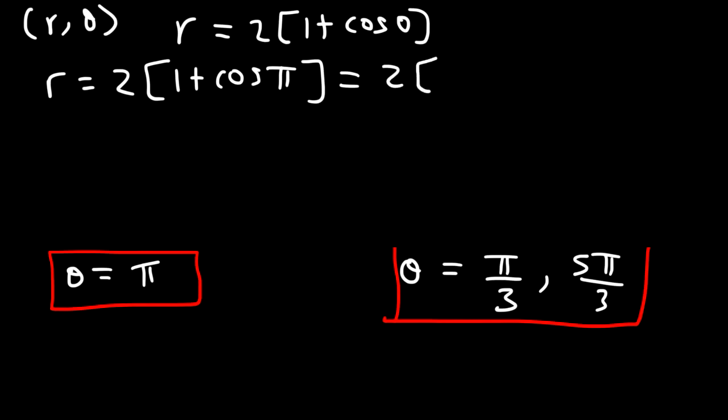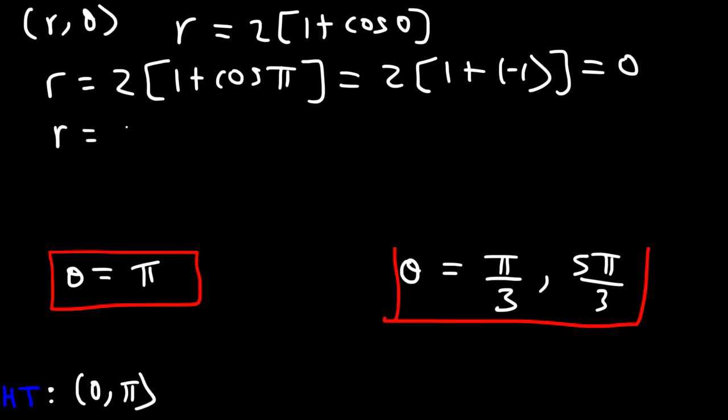So we're going to have 2 times 1 plus negative 1. 1 plus negative 1 is 0. So we're going to have the point 0 comma pi. So these are the potential horizontal tangent lines, at least the points where those tangent lines are located. So the first potential horizontal tangent line is located at 0 comma pi.